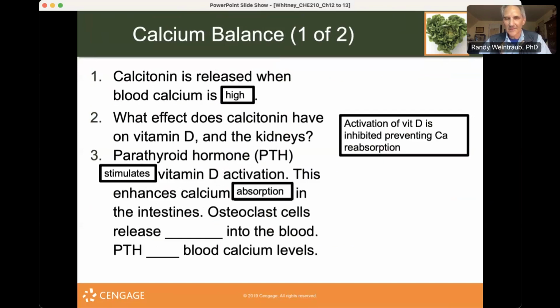So we know this interaction, we learned this in the last chapter, about the importance of calcium interacting with vitamin D, and it's the osteoclast cells that release calcium into the blood, and the PTH raises the levels.